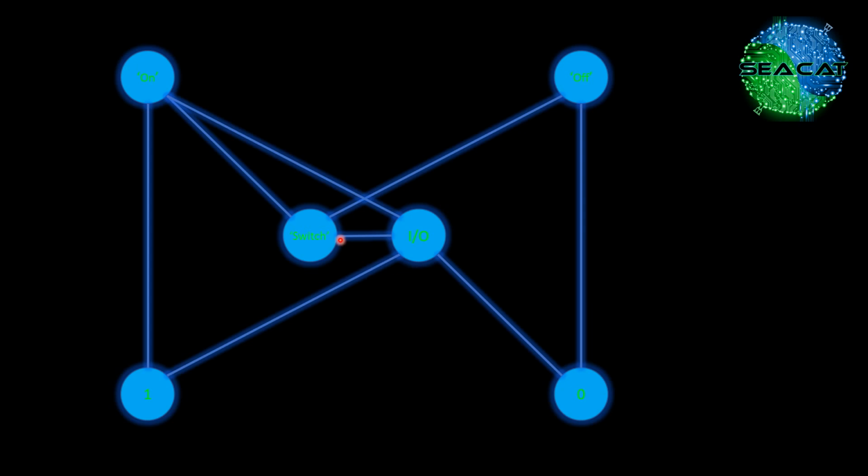So once it had these connections, like I said, it'd be adding a connection for on to IO, because when you said switch on, it would be seeing that a 1 was being passed into the IO. So it would associate on with both 1 and with the IO. It would do the same with off, when you said switch off.